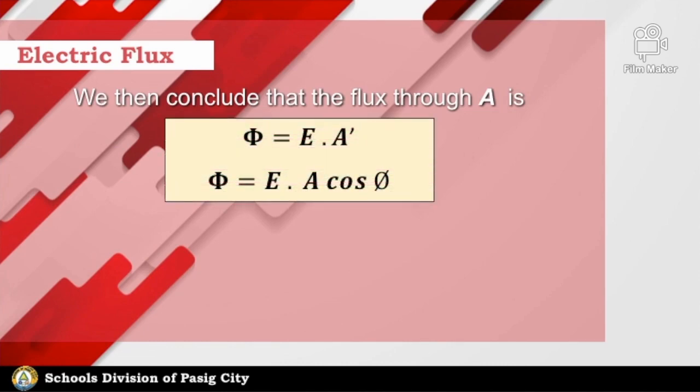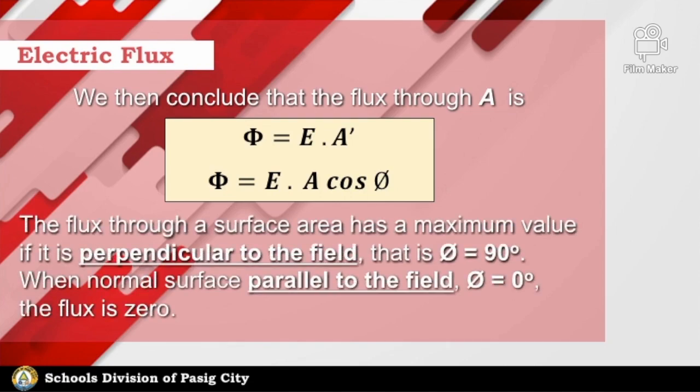We then conclude that the electric flux through A is equal to the electric field multiplied by area prime. Or we can substitute the value for area prime. Therefore, electric flux is equal to electric field multiplied by the area times cosine theta.